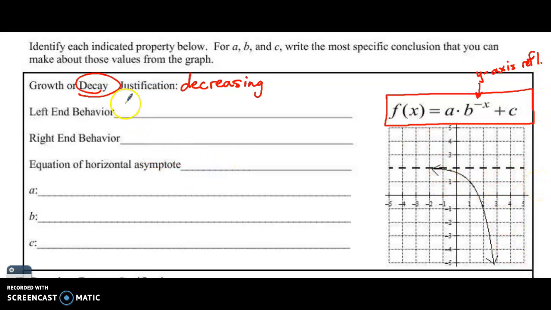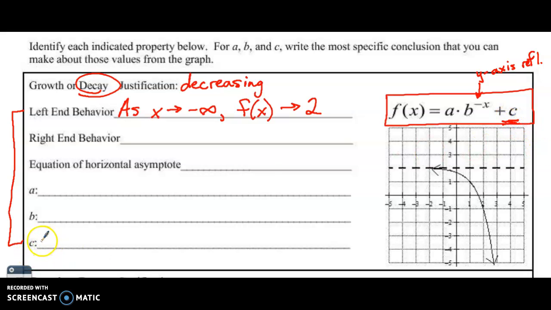Now the left end behavior, I want you to go back to the way we talked about in an earlier unit, that I want to see this. Now if you notice, the left end behavior is the horizontal asymptote. So I need the value of the horizontal asymptote. Why do I need that? Because that's going to be your clue, because C is this value.